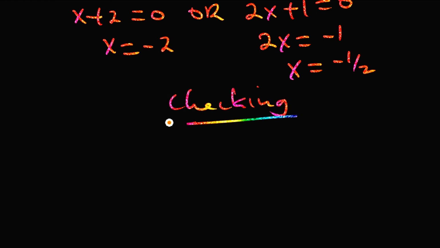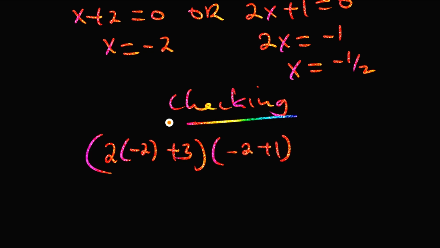Let us check. Let us start with negative 2. Just substitute negative 2 for x. Remember we had (2x + 3)(x + 1), which should be equal to 1. Here we have 2 times negative 2, that is minus 4, now plus 3.